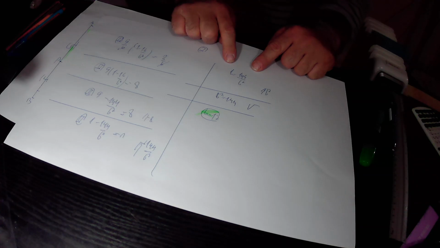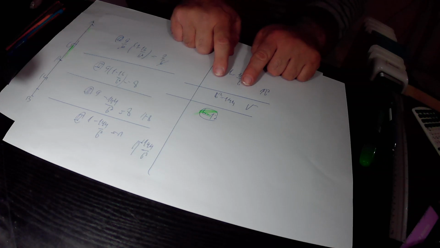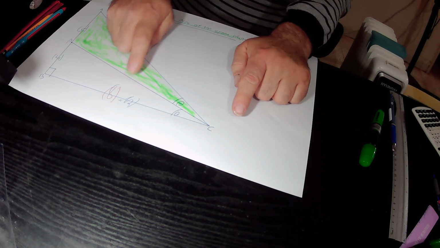So we multiply this equation by B squared, and I found that B squared equals 144. B equals the square root of 144, that is 12. So in total, BC equals B equals 12 units in length.